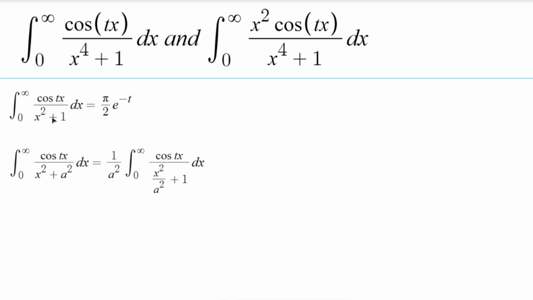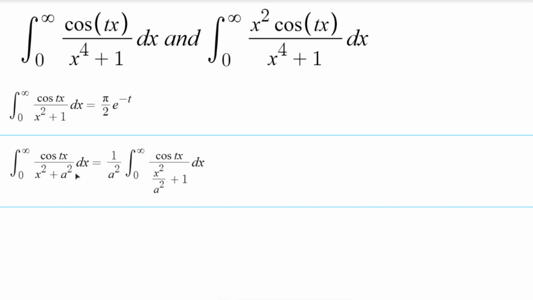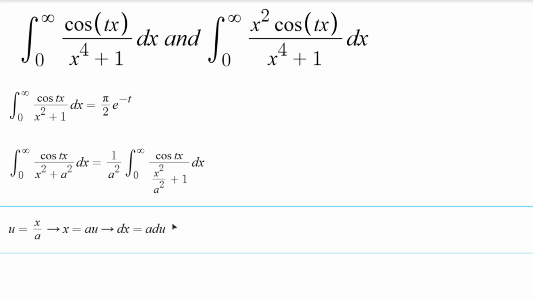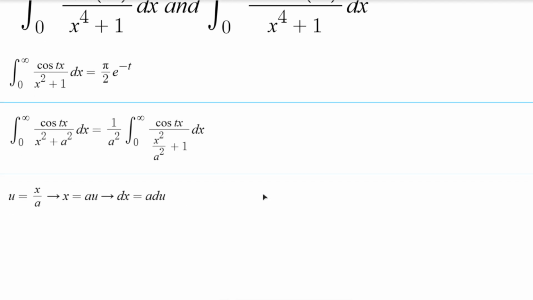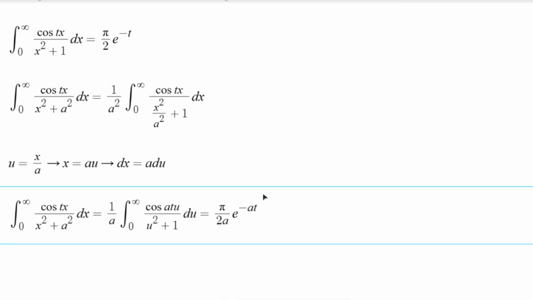All right, so continuing, we'll create a new integral right here. All I did was replace this 1 with an a squared, and then I set it equal to the same thing, just with the 1 over a squared factored out. And then we let u equal x over a, x equals au, dx equals a du, and perform that substitution to give us this. So this integral is equal to this integral.